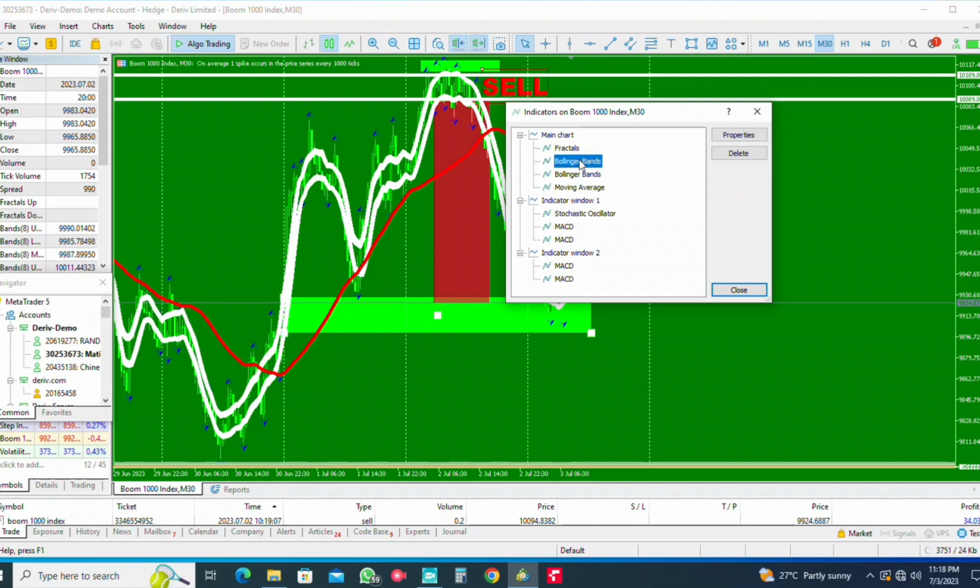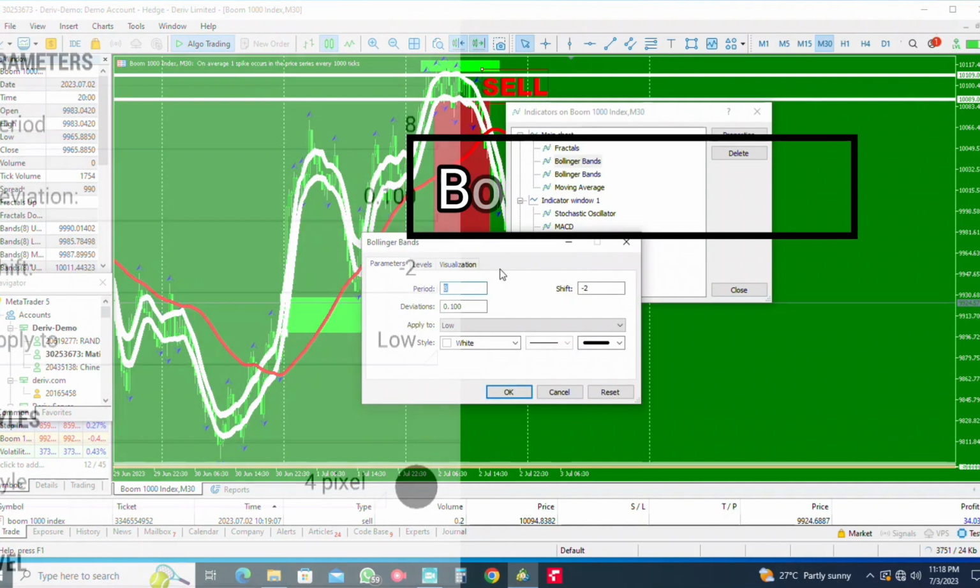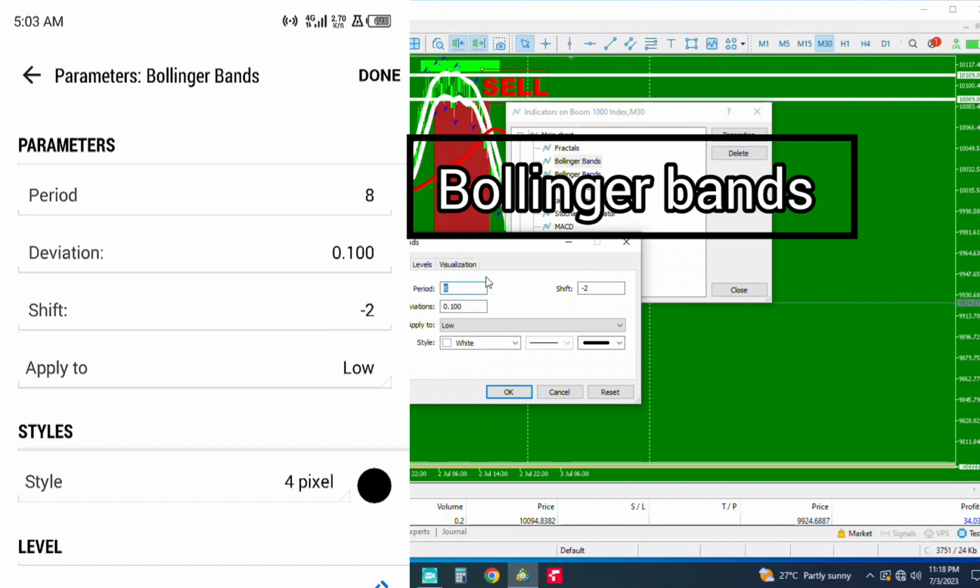For the Bollinger Band, let's go to the first layer of the Bollinger Band. This is the lower Bollinger Band. Period is 8, deviation is 0.100, apply to is low, style is white. Then choose the size you want. Shift is -2. Remember, shift is -2. That's for the lower Bollinger Band.